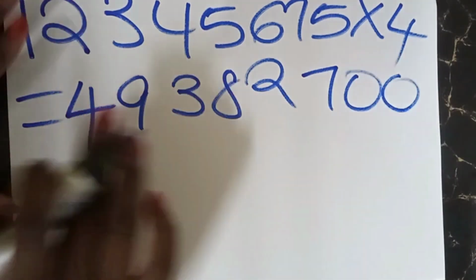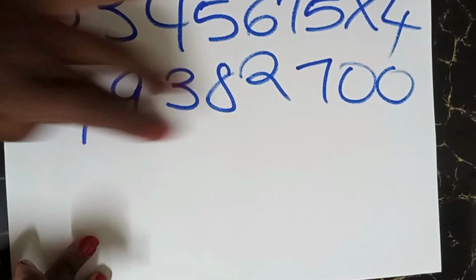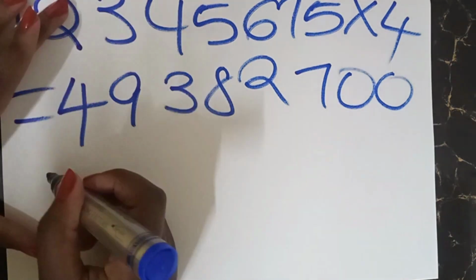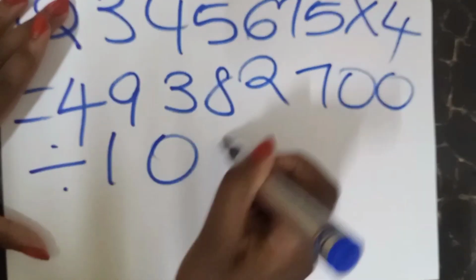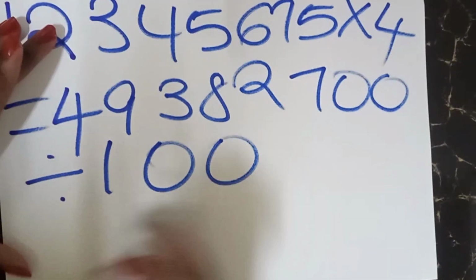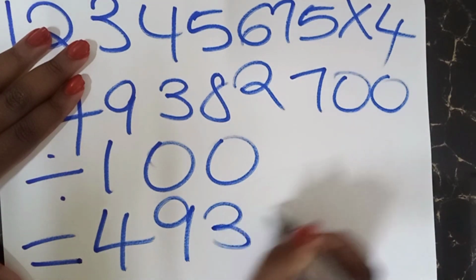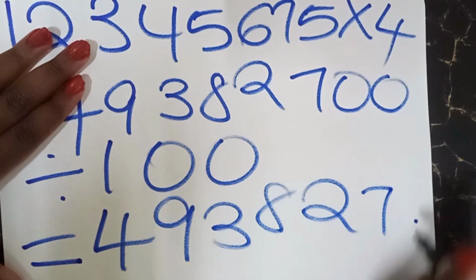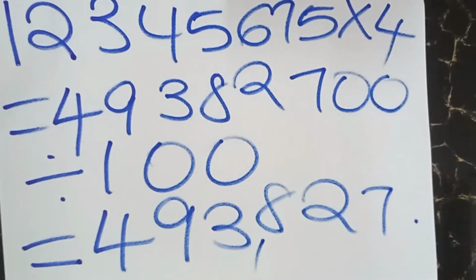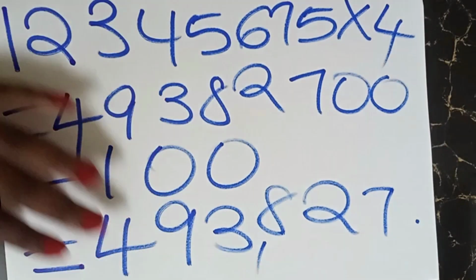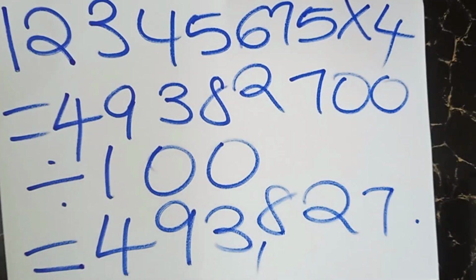When you multiply this number by 4, this is what you're supposed to get, okay? When you divide this by 100, what do you get? The zeros cancel out. So when you divide this by 100, you have this, okay? And just like that, you have your answer. The answer to this question is this number here.